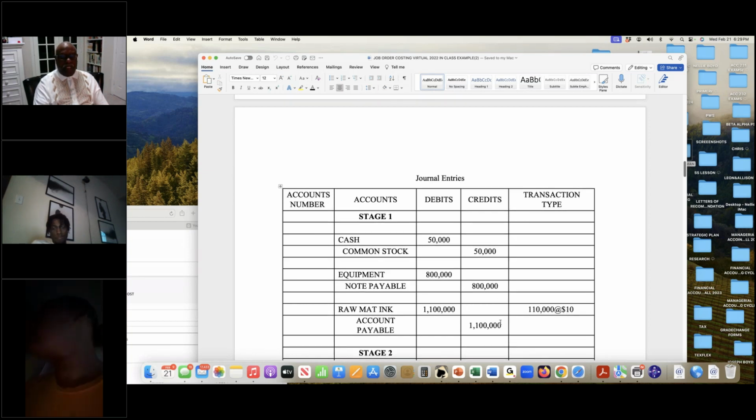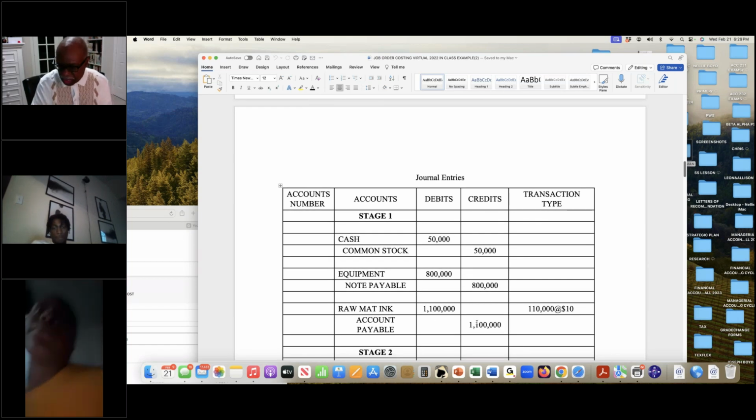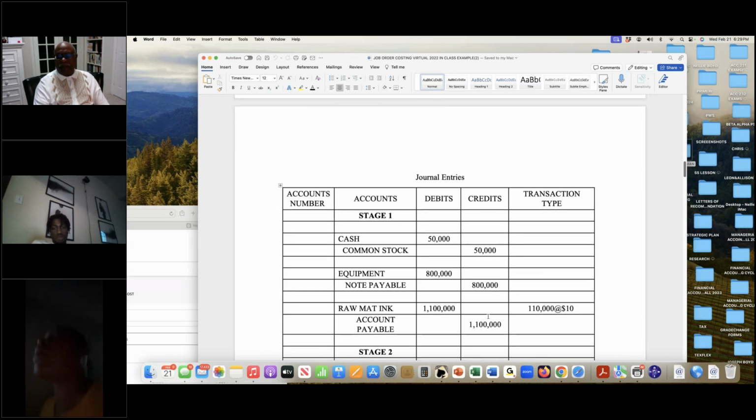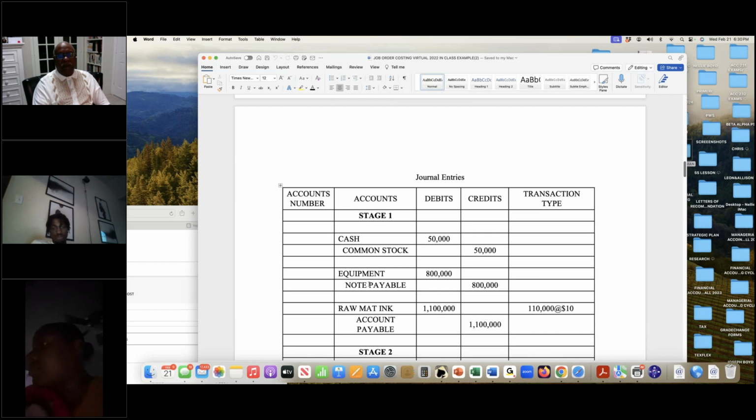And so the raw materials ink was 1,100,000, accounts payable 1,100,000. Any questions on the journal entries in stage one? As indicated, the journal entries stay the same, the dollars change.